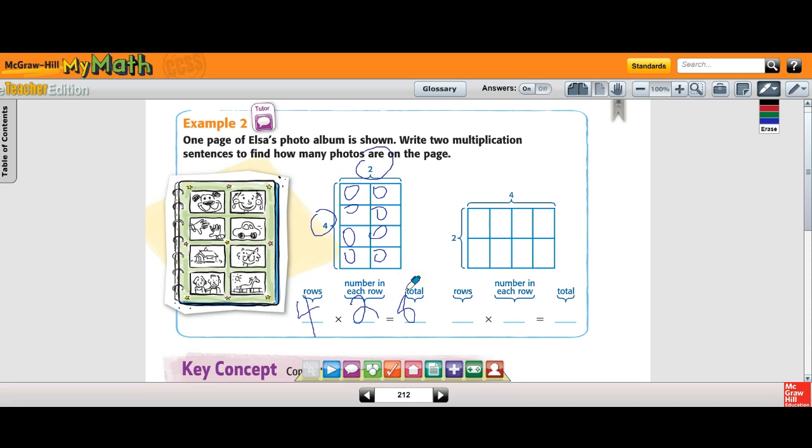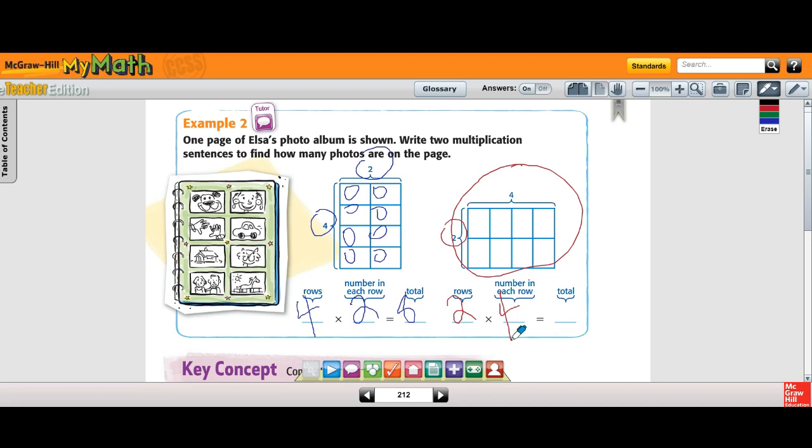Now her array is turned. How many rows does she have for this one? 2 on this one. But how many in each row? 4. So what's the answer for that one?